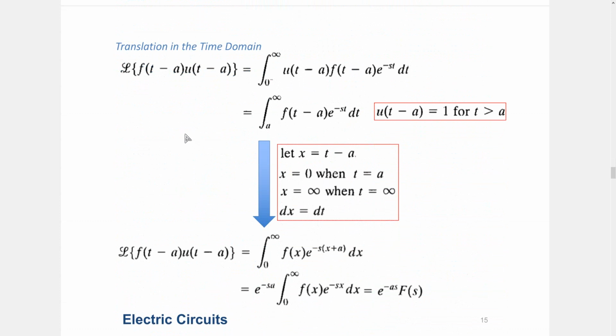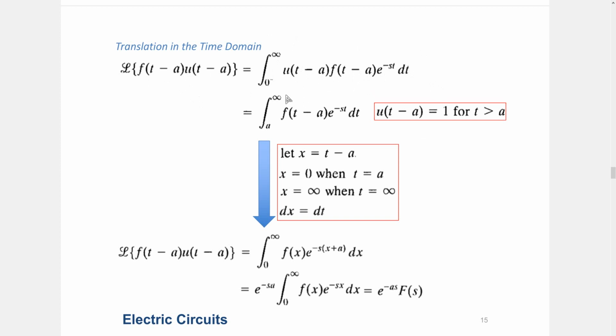So we can have shifted functions. If I have a function f(t minus a), and I multiply it with my unit step function u(t minus a), I can define this as an integral from 0 to infinity of u(t minus a) times f(t minus a) times e to the minus st dt, which is the Laplace transform definition. Basically, I'm just substituting.